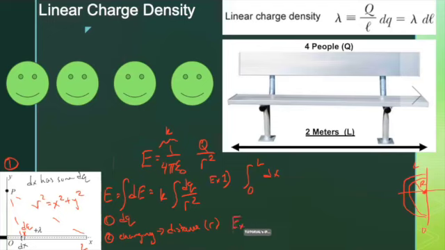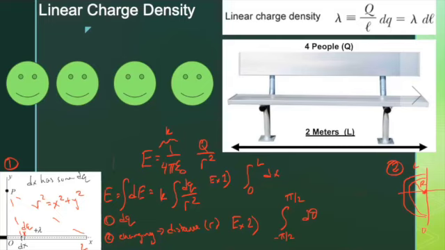In example two, we're going to be integrating from negative pi over 2 to pi over 2, and we need our integration in terms of theta, because that is what's changing.